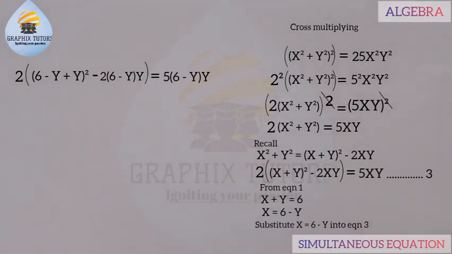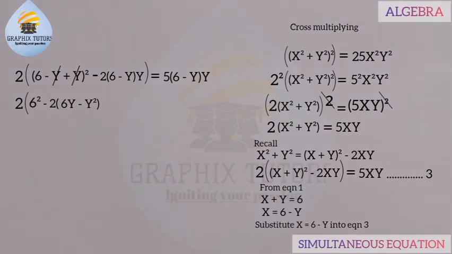We know that minus y plus y will give us 0, we'll cancel out, we're left with 6 squared. If you go to the next one, if you expand 6 minus y and y, it will give you 6y minus y squared, because 6 times y is 6y, y times y is y squared.